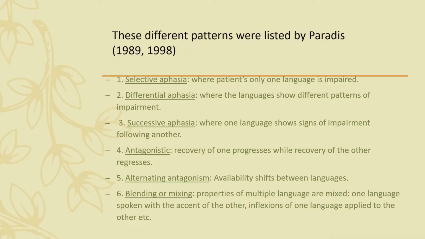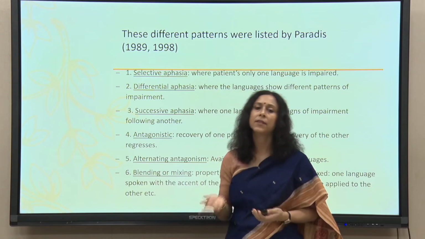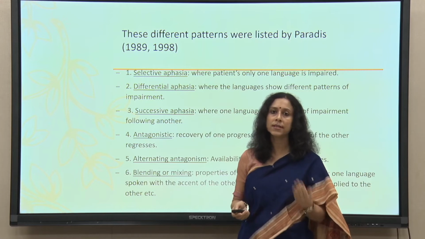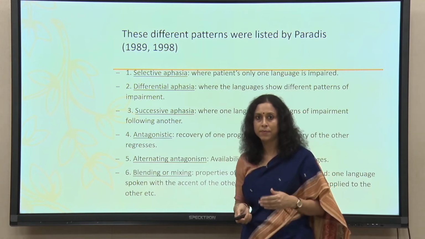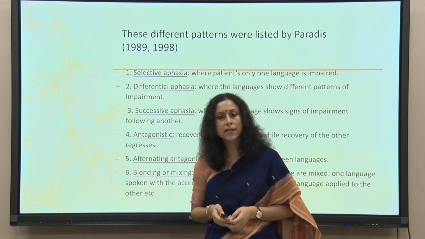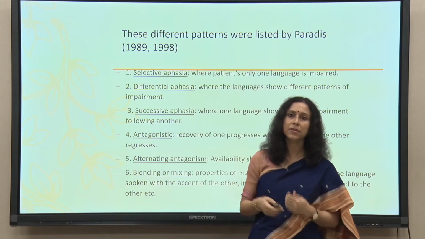Then the fourth type is called antagonistic. Antagonistic is when the recovery of one language, as it progresses, is inversely proportionate to the recovery of the other language. So, as one language progresses, the other language regresses. Alternative antagonism is availability that shifts between languages, sometimes one language, sometimes another.